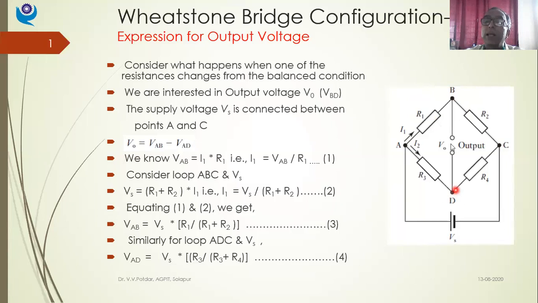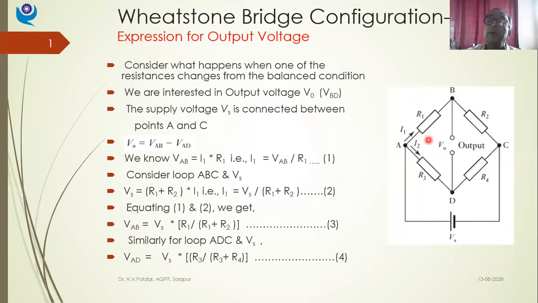So there is a potential difference, isn't it? There is a potential difference across B and D, and the current starts flowing in this branch, right? And if we measure that output voltage will correspond to change in resistance R1. That is, let us call it as dR1.